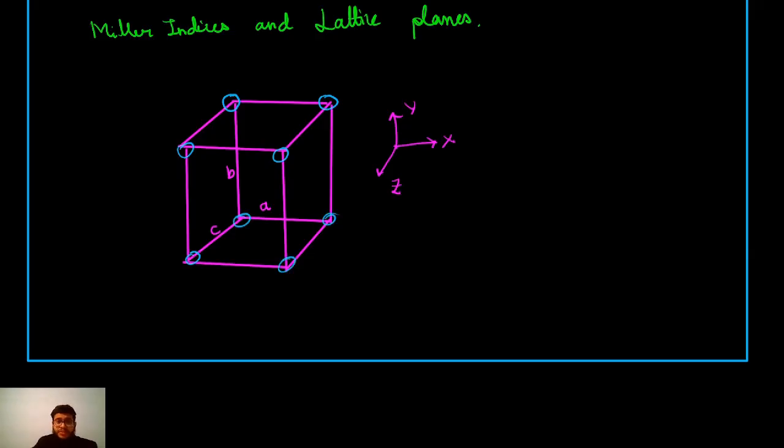We have atoms in the corners, and we also have atoms in the faces. Because there are multiple atoms in the unit cell, it's not a simple cubic thing. So if you think about it geometrically, we can make a lot of planes through these atoms.